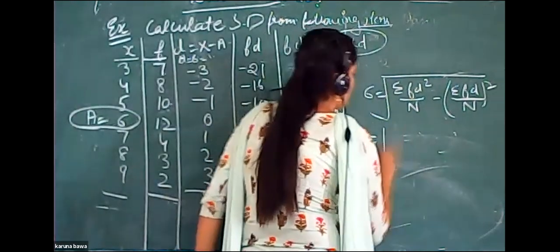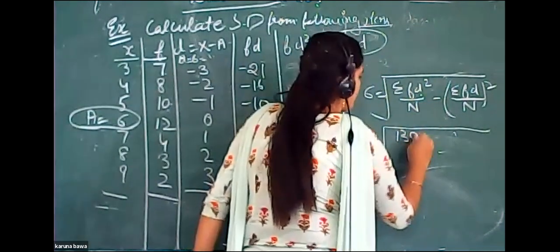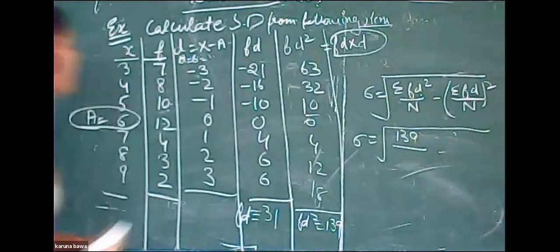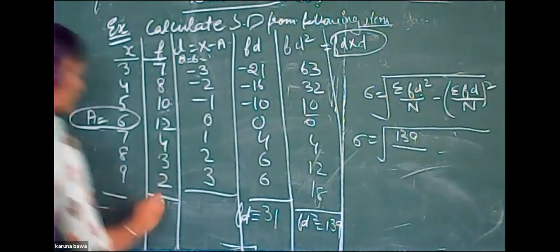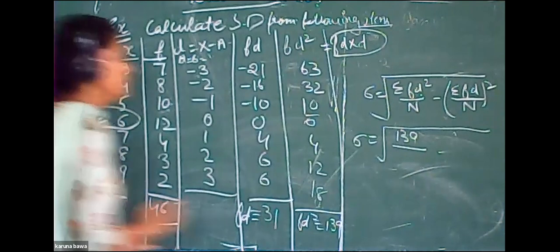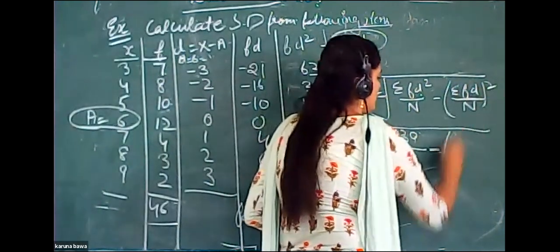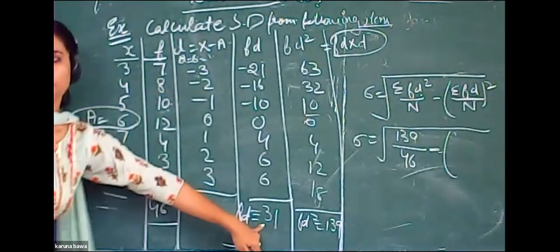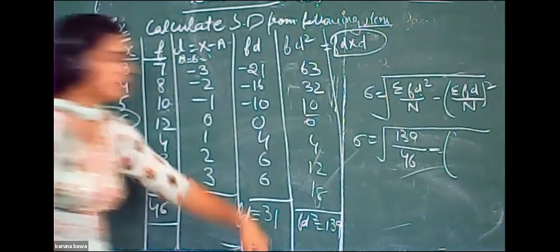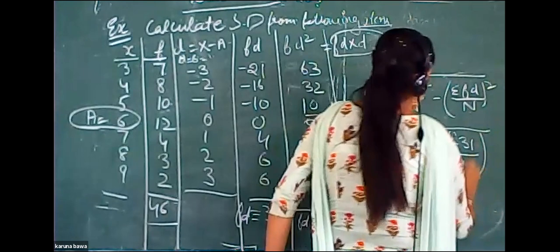Sigma is equal to the square root of summation f d square, 139, divided by n. Here n is the number of observations, that is the total of the frequency, 40. Then minus summation f d, which is minus 31, divided by n, 40.